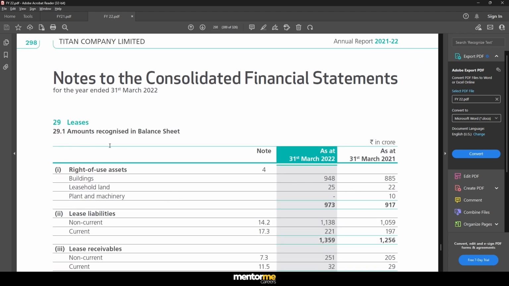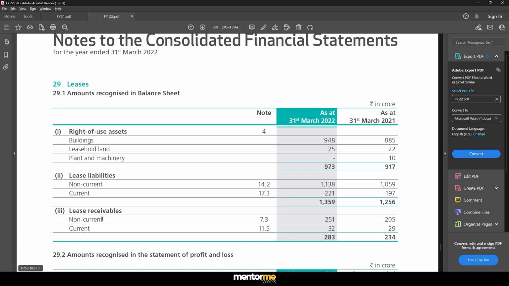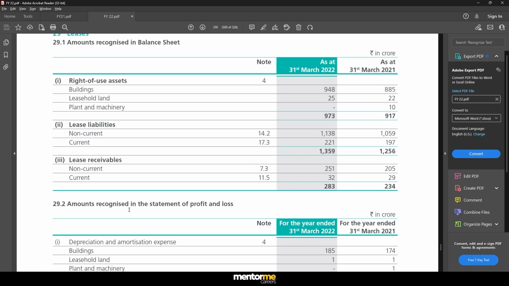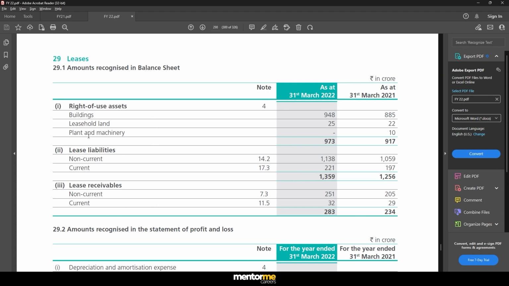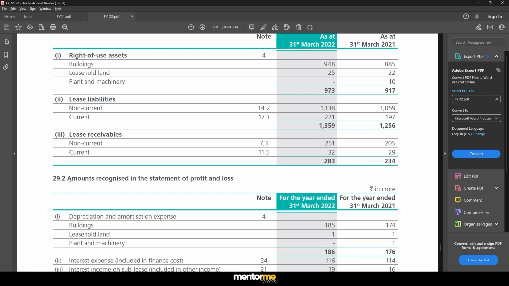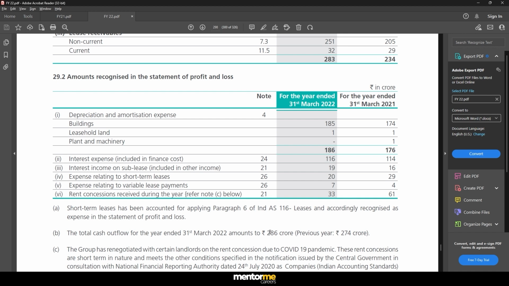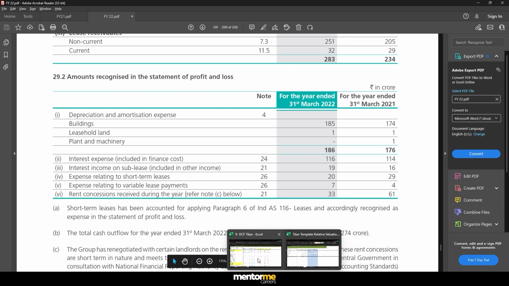You can see here these are leases for buildings, leasehold land, plant, machinery, etc., right? Not much information is actually given, but these are mostly operational leases which have been taken, right? So it's very difficult to actually count this in terms of long-term debt. That's the reason why I have skipped it.